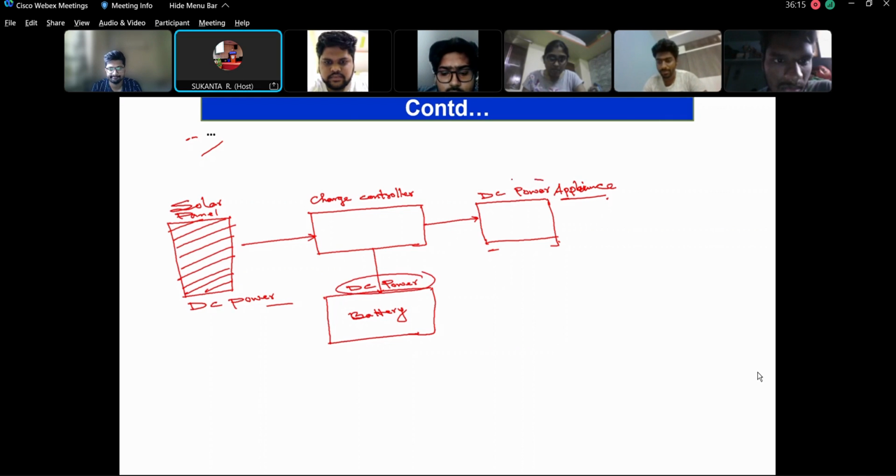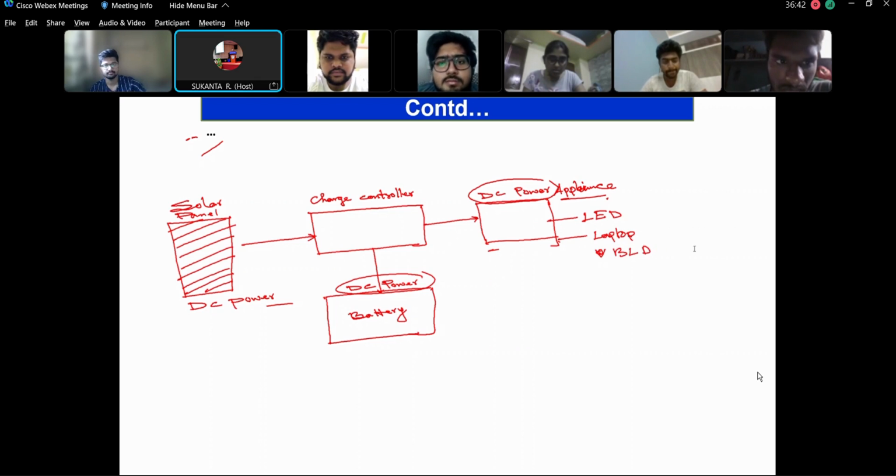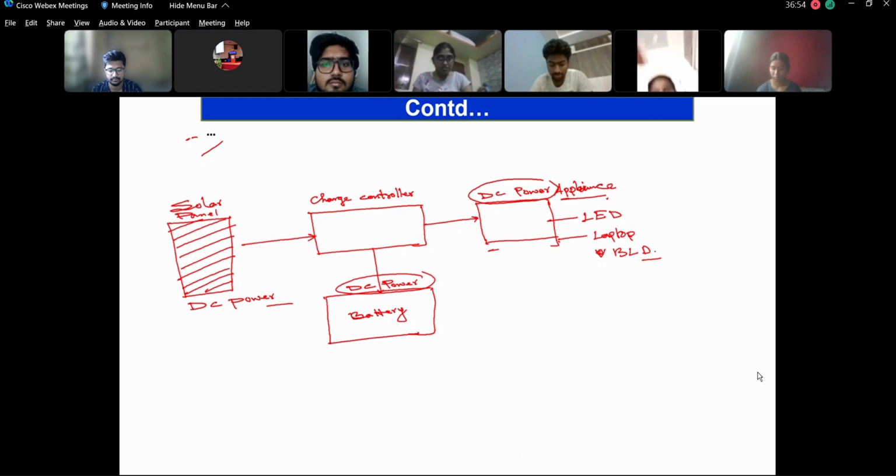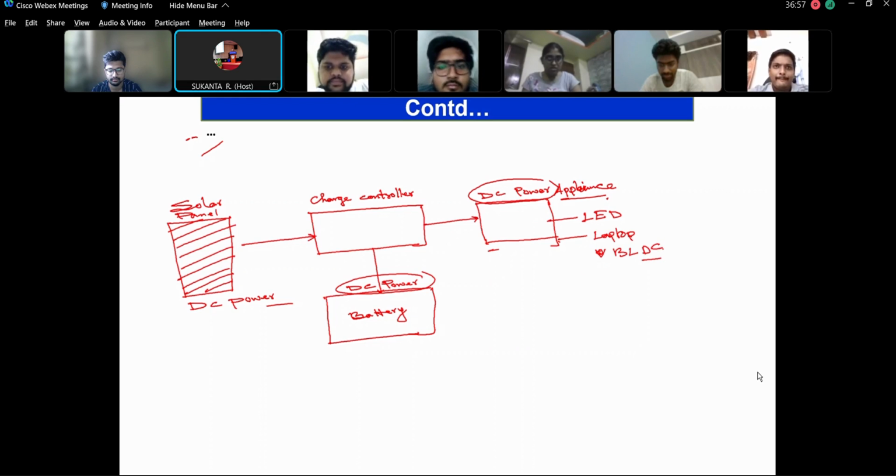The appliances are considered DC only, like an LED bulb, LED TV screen, a laptop, or a BLDC fan, which is a brushless direct current fan.